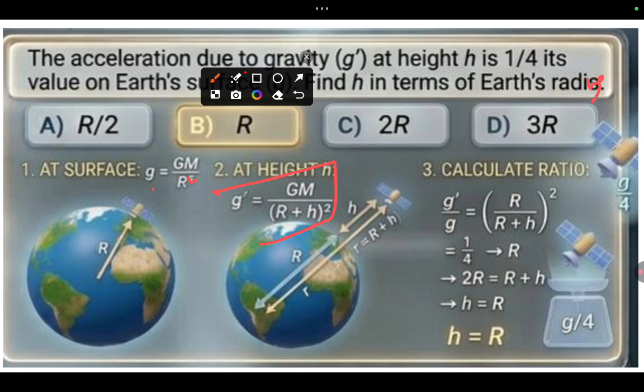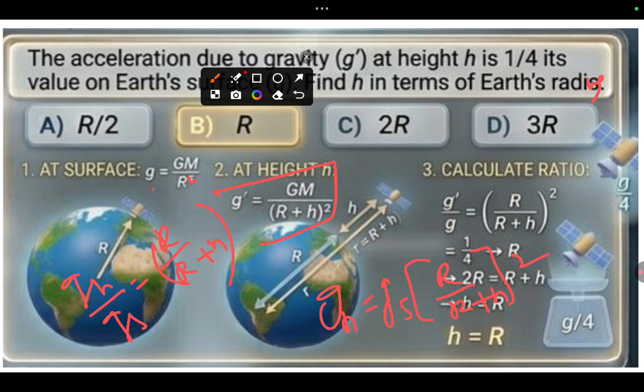So we have the relation g height equals g surface times r by r plus h whole square. Therefore, gh by g surface equals r by r plus h whole squared.